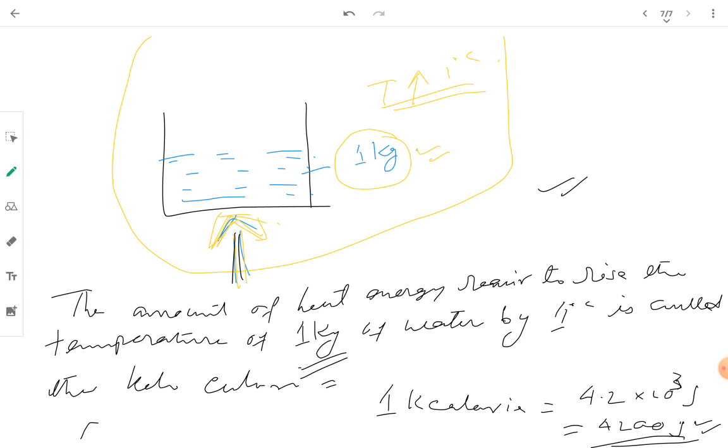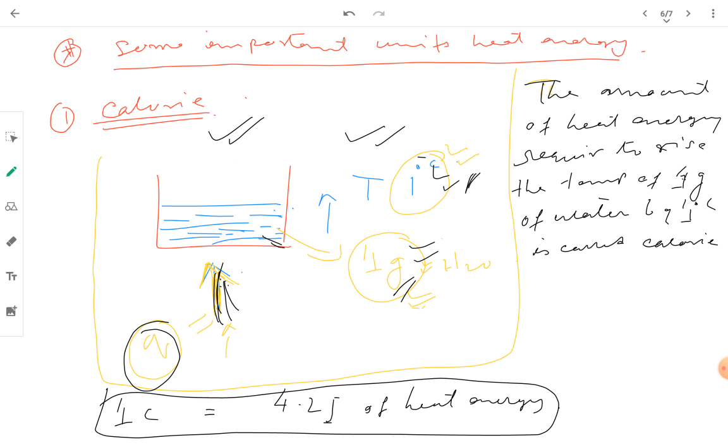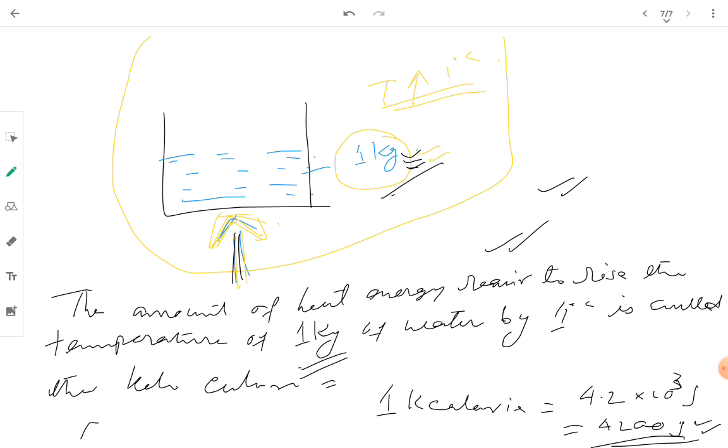It is the amount of heat energy required to raise the temperature of 1 kg of water by 1 degree C or 1 Kelvin. The main difference between calorie and kilocalorie is that here it is 1 gram, and here it is 1 kg. So hope you have understood.